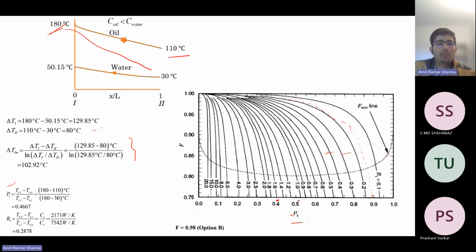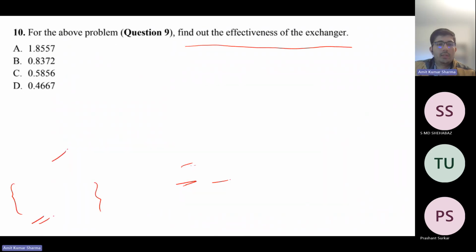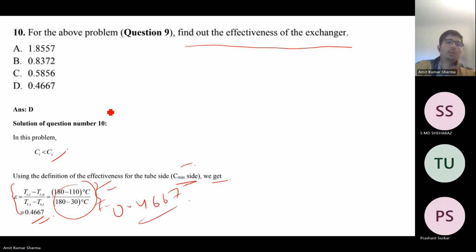The heat transfer is relative to the maximum temperature difference and the minimum capacity rate, that is for the oil. That is going to be the answer. So it will be 0.4667. The answer is option D.